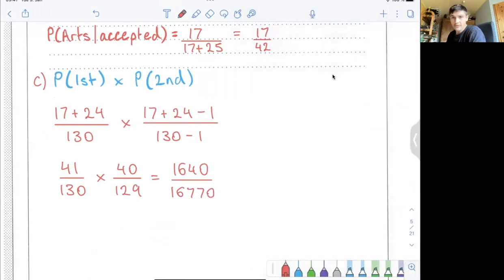And now if we divide both of these by 10, we can simplify it down to 164 divided by 1,677. And yeah, there you have it. That is the answer to question 2.